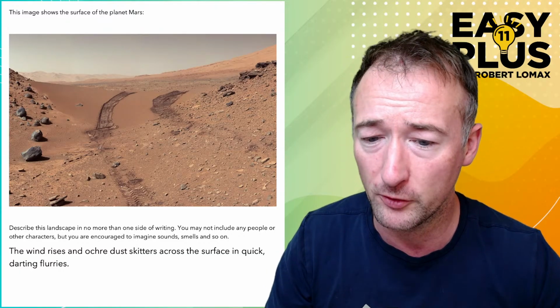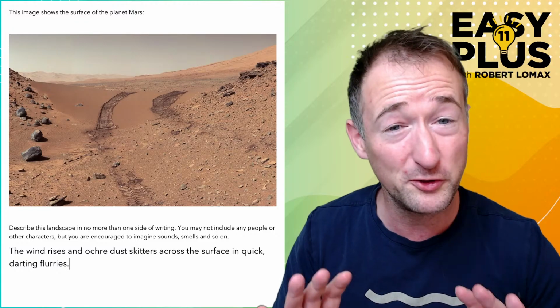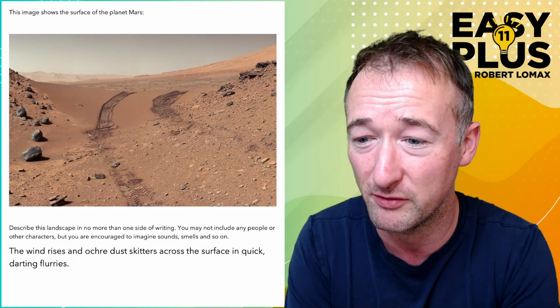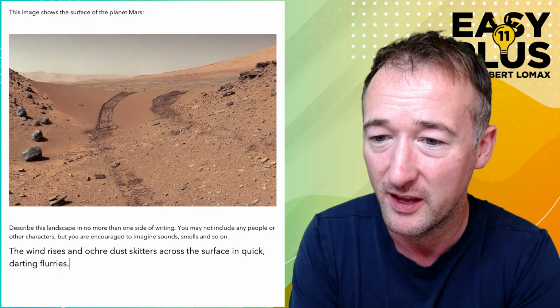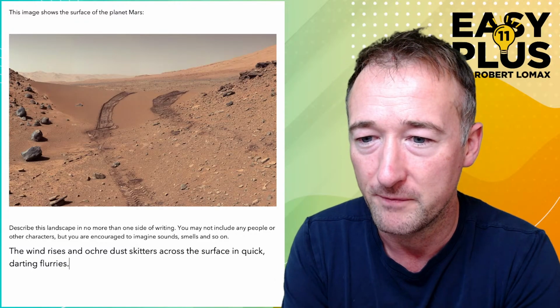But you'll notice that this is not full of adjectives. And the one thing you don't want to do is try to make your writing descriptive by just putting an adjective in front of every noun. The angry wind rises, and fine ochre dust skitters across the smooth surface.